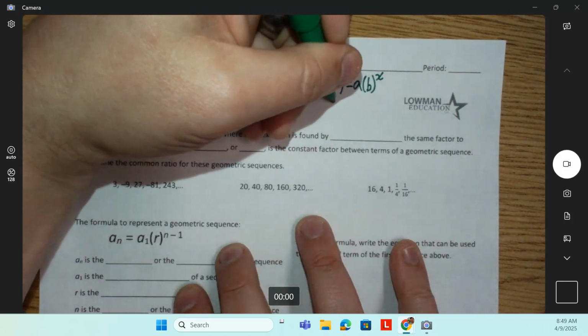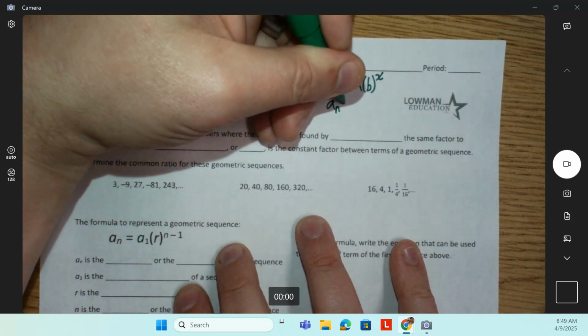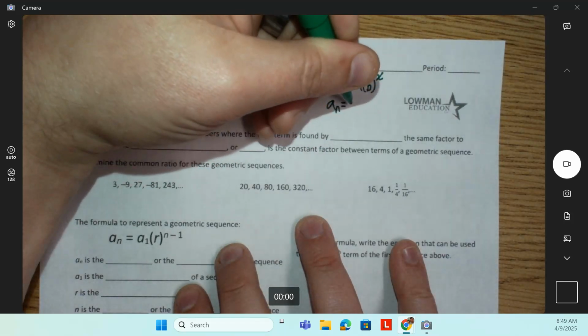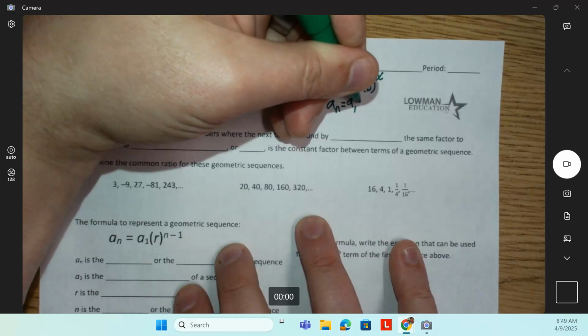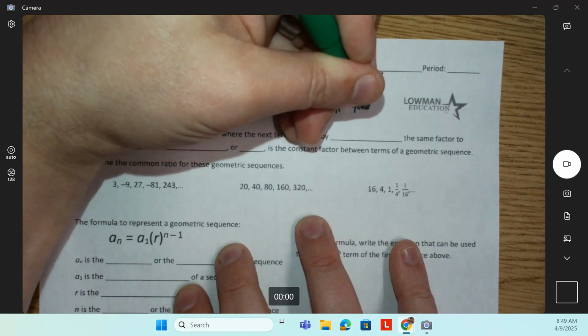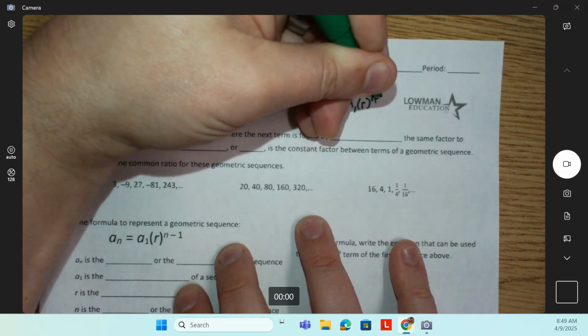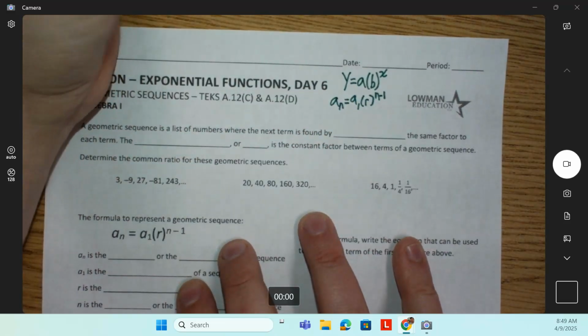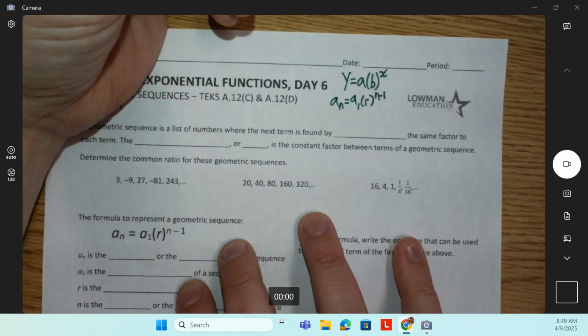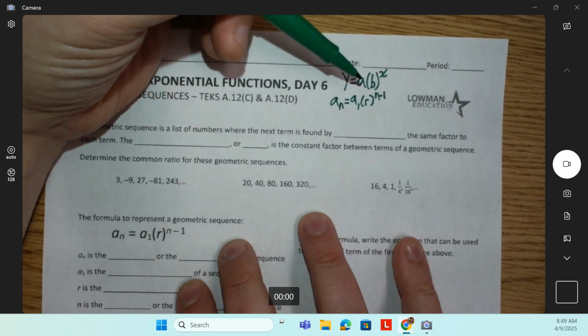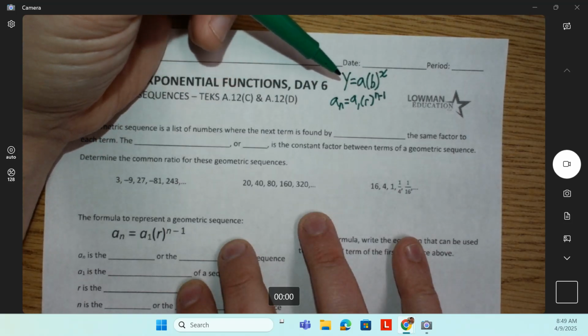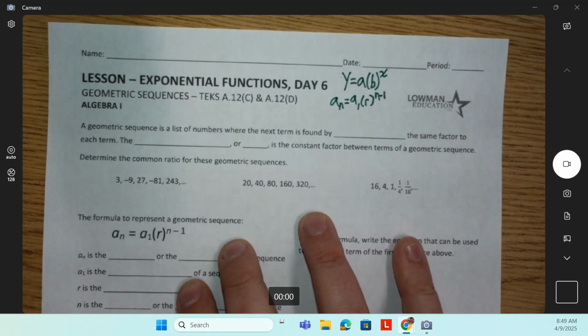And this is a_n is a_1 times r to the n minus 1 power. So basically the x is turned into an n minus 1, b turns into an r, and the y turns into an a_n. So plenty of commonalities here, or similar things that are going on.